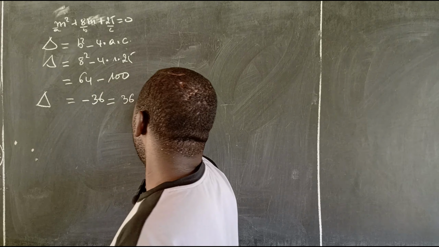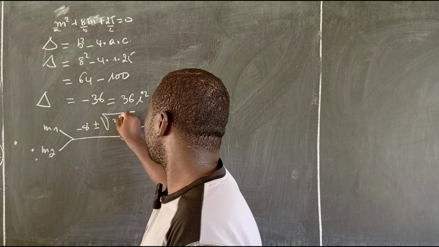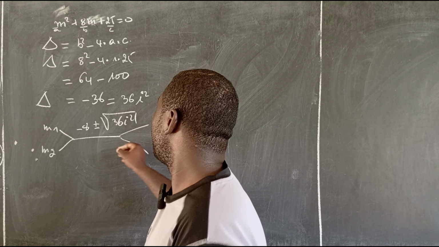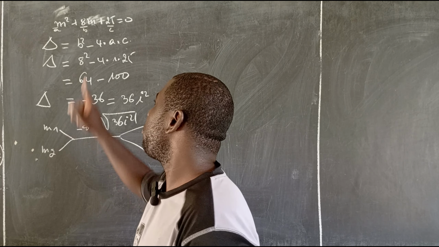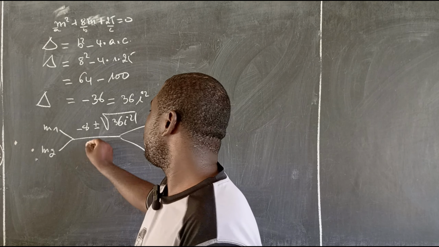So this i squared stands for this negative 1. So let us find m1 and m2. Remember, take minus b, which is minus 8, plus or minus the square root of the determinant, which is 36 i squared, over 2 times a, which is 2 times 1.